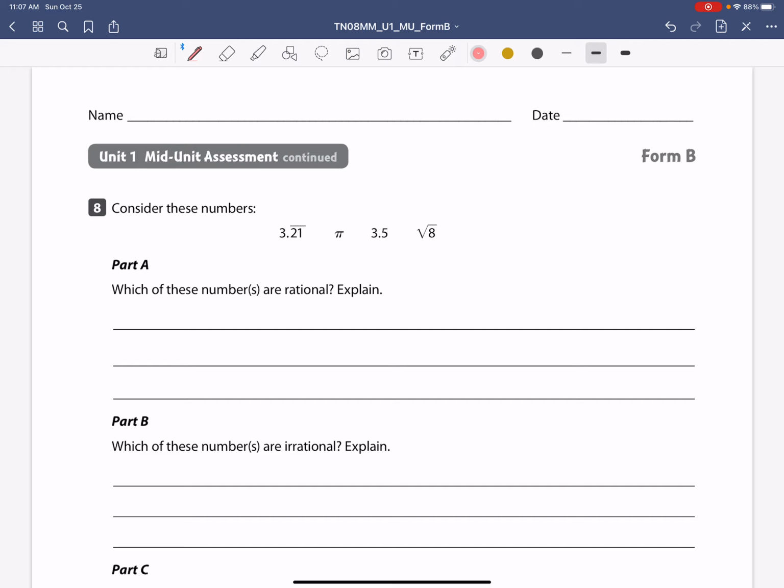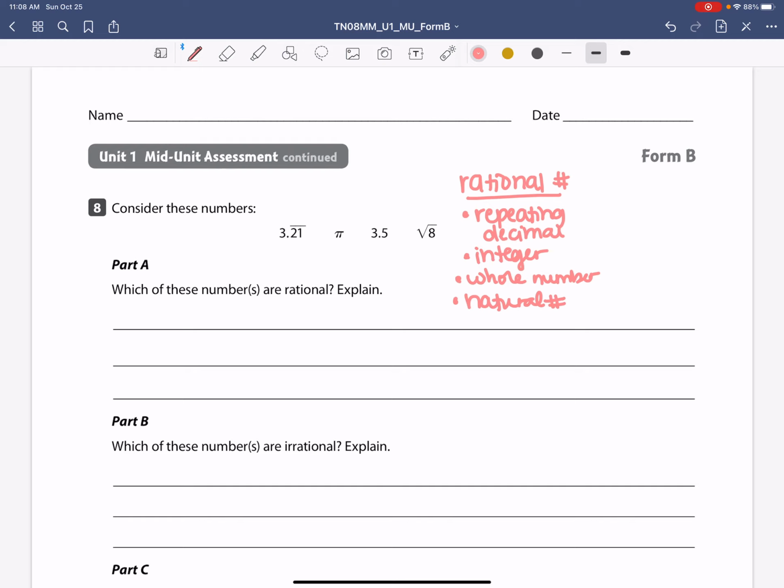All right, so a rational number can be a repeating decimal, an integer, a whole number, a natural number.